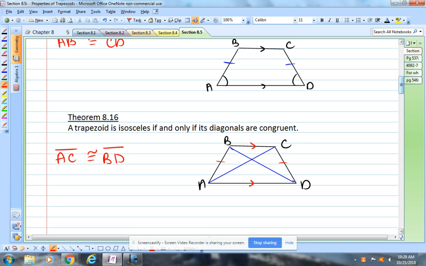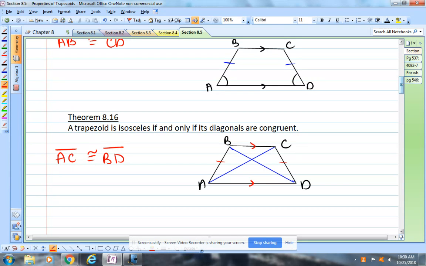So this one has to do with the diagonals of the trapezoid. Remember that diagonals connect the opposite angles of a quadrilateral. So if the diagonals are congruent, then you have an isosceles trapezoid. And if you have an isosceles trapezoid, then the diagonals are congruent.